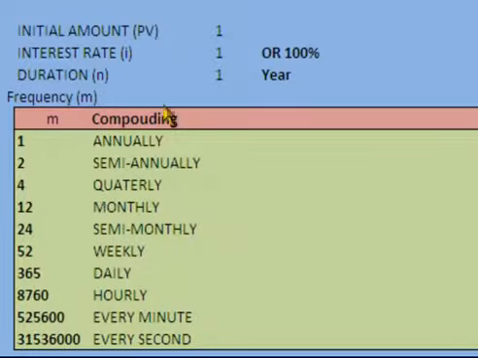If we want to know the future value of $1 at compound interest rate of 100%, which is compounded annually, semi-annually, quarterly, monthly, semi-monthly, weekly, daily and so on, what would be the future value of $1 after 1 year? So in that case we need to put the formula for each of these cases. So I've done this for you.